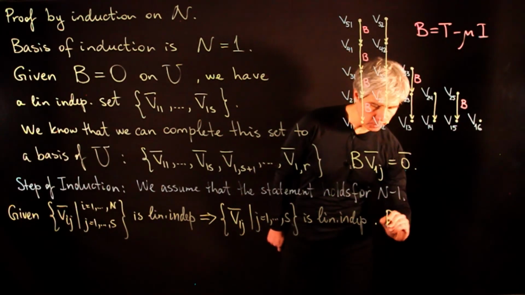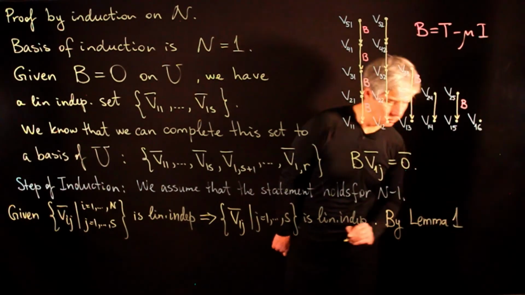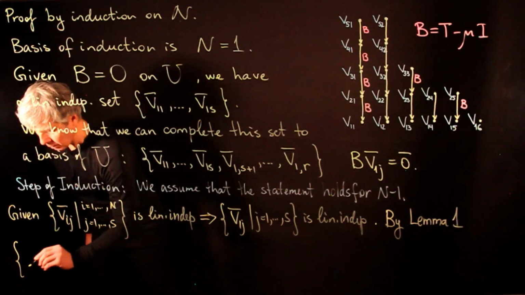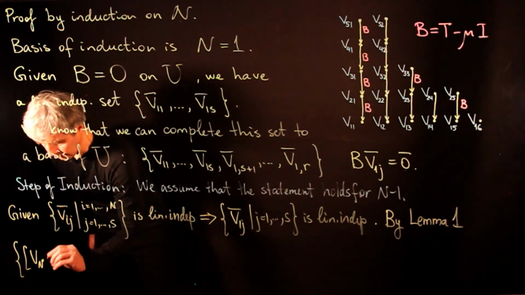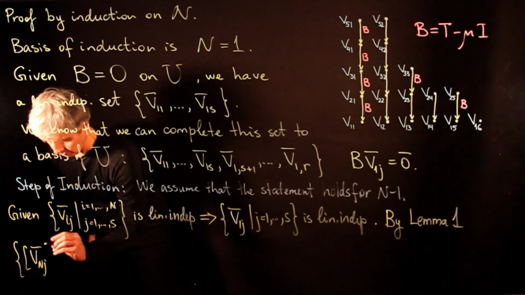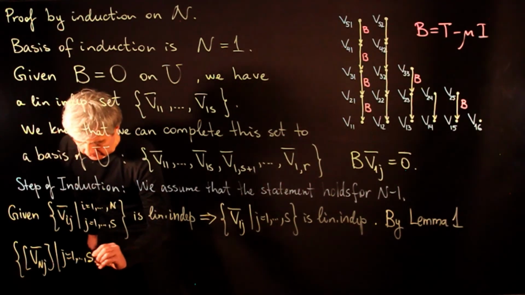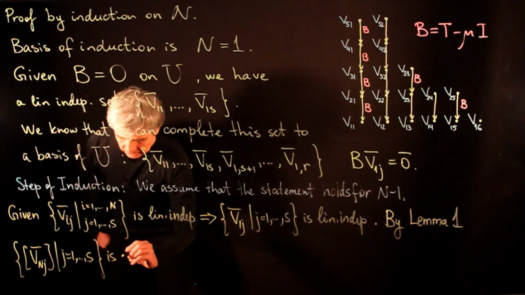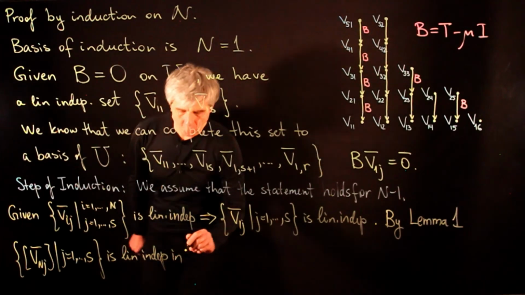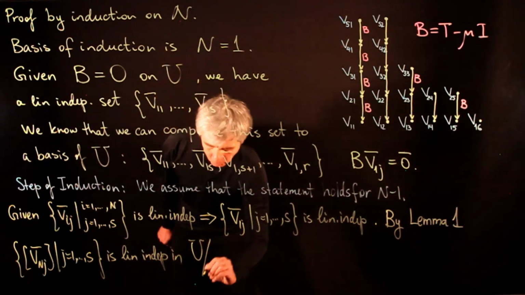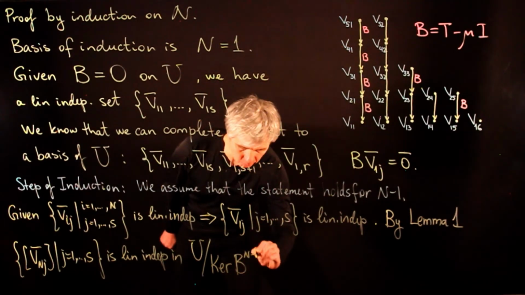Then, applying lemma 1, we get that the set of equivalence classes of the top vectors, v n j, where j goes from 1 to s, is linearly independent in the quotient space, U quotient by the kernel of b to the n minus 1.